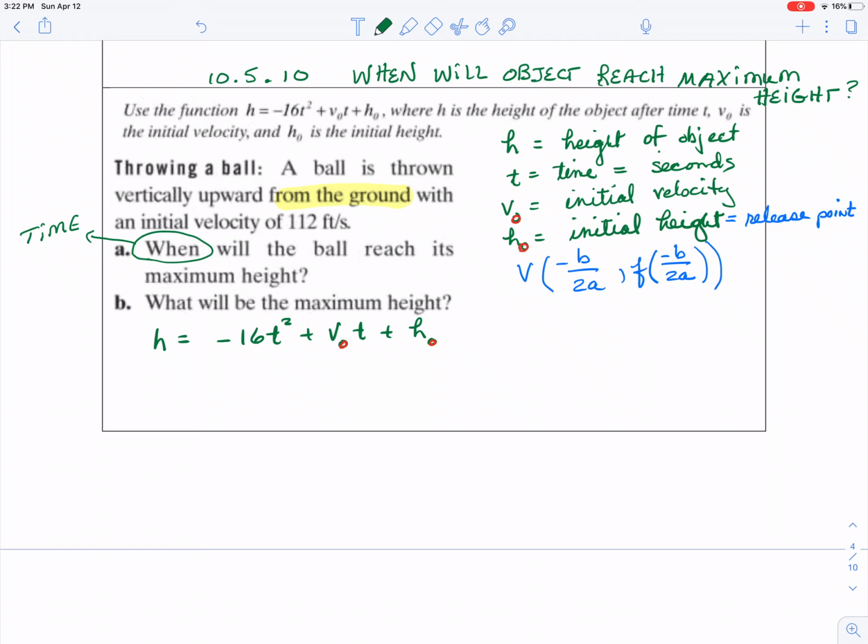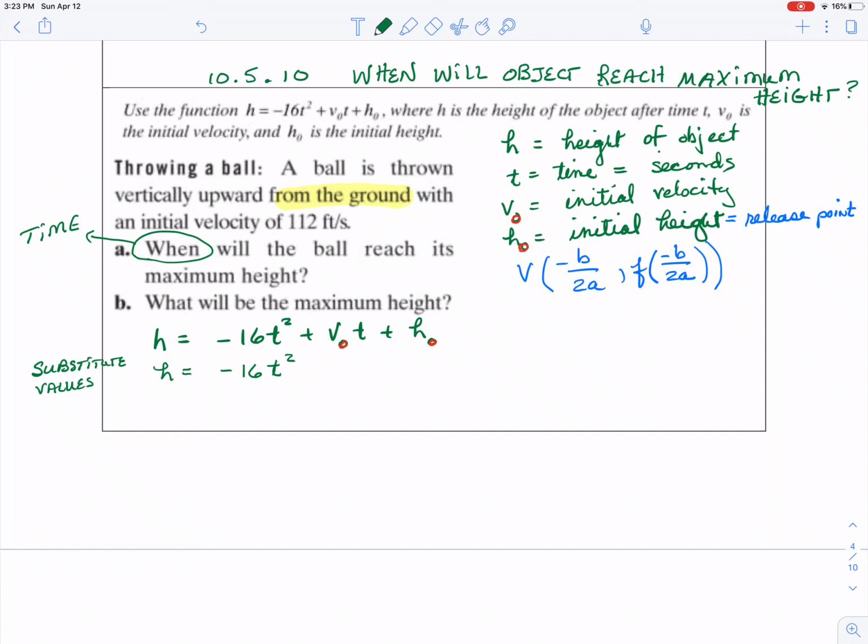All right, so the first thing we have to do is substitute the numbers in the proper places. So h, this negative 16 is a gravitational force pulling the object back to Earth.